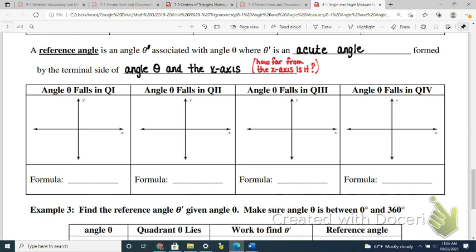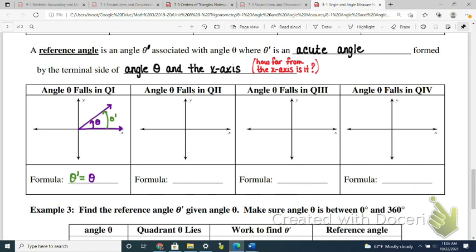So if it is in quadrant 1, so that would be some angle like this. So this is my angle. My reference angle is how far from the x-axis is it? It is this. It is the same thing in quadrant 1. So my reference angle is just the angle.